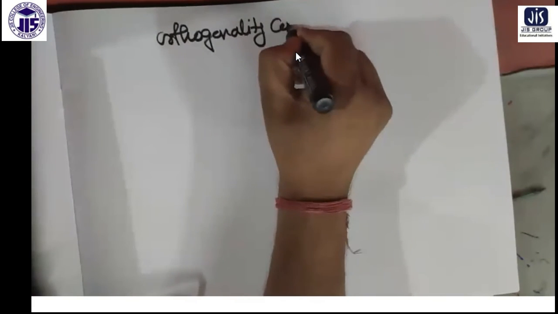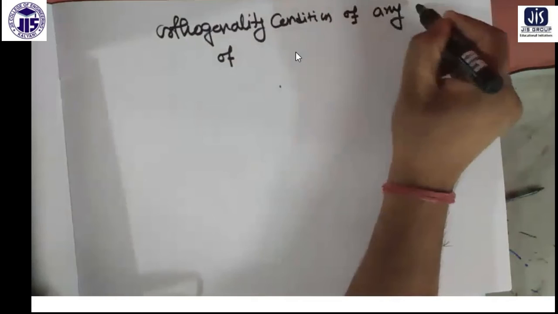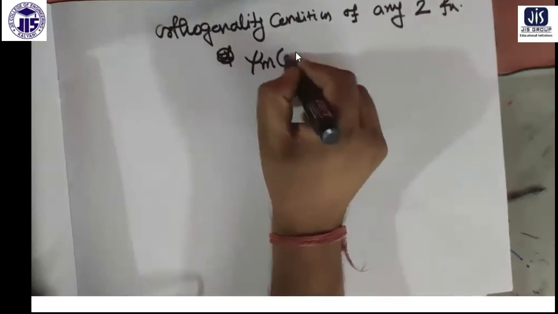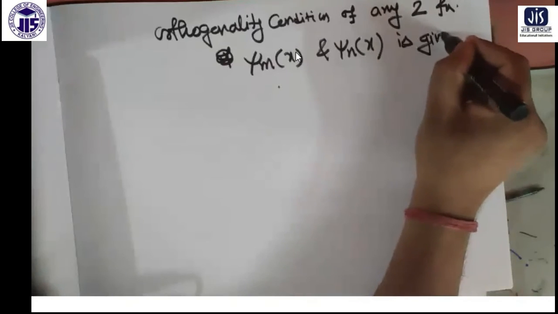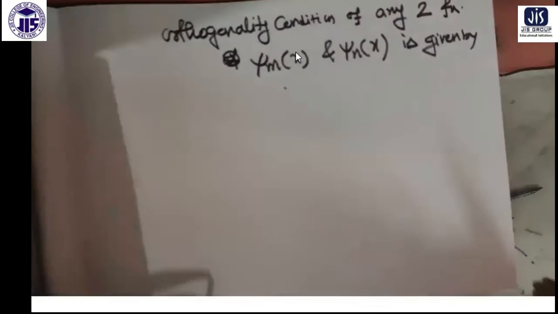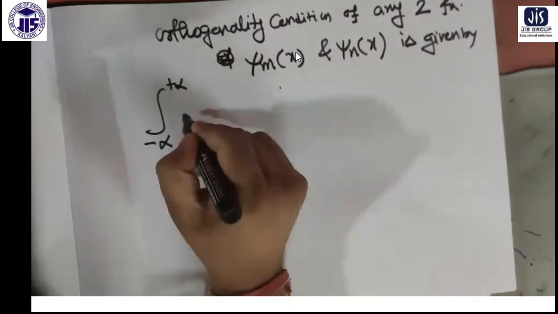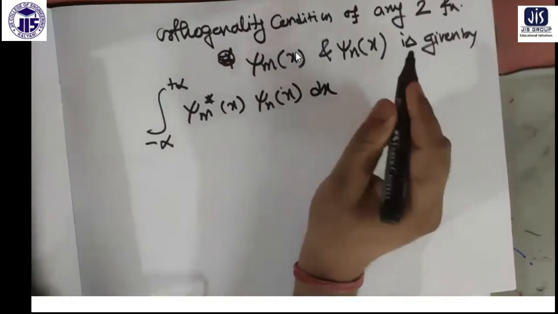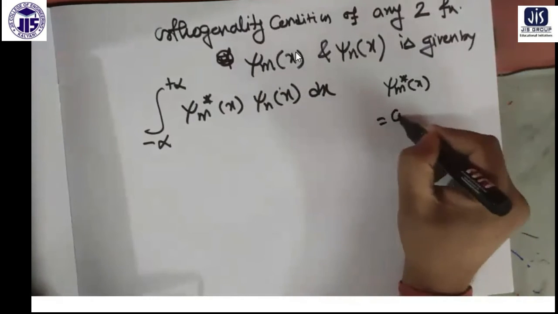For any two functions, psi m of x and psi n of x, it is given by the integration from minus infinity to plus infinity of psi m star of x times psi n of x dx, where psi m star is called the complex conjugate of the function.